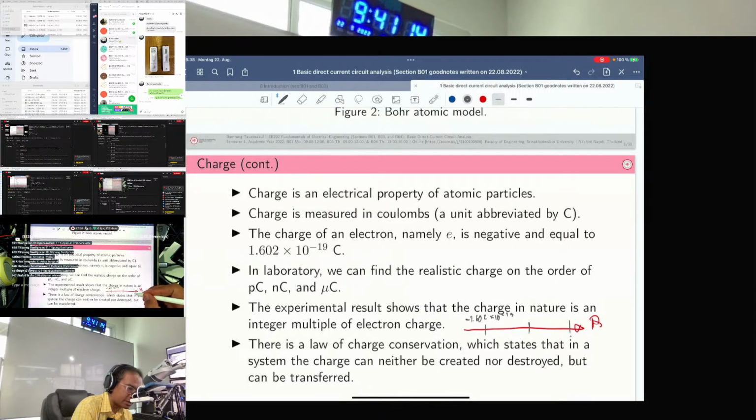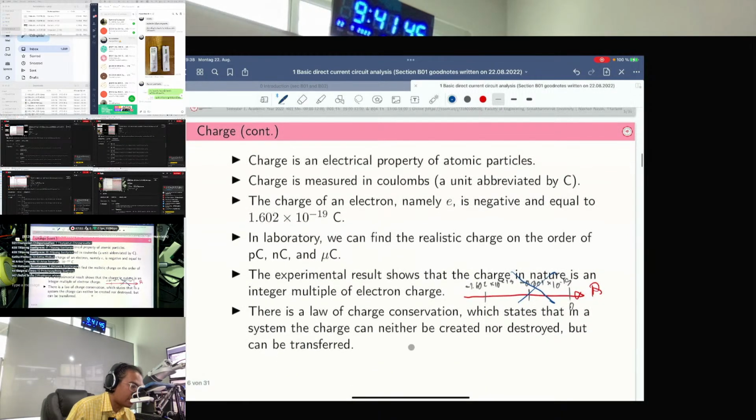For example, minus 0.801 times 10 to negative 19. No, it's impossible. It's invalid. It should be an integer multiple of the electron charge, like minus 3.204 times 10 to negative 19. Okay, in that case, it's possible.